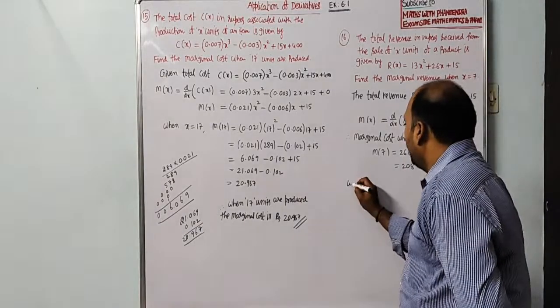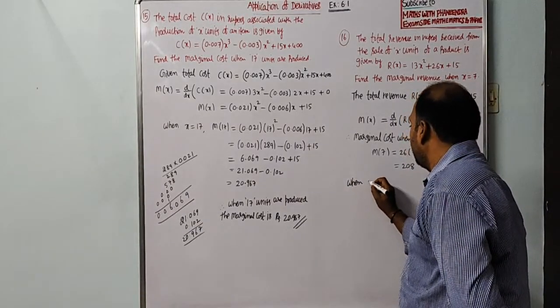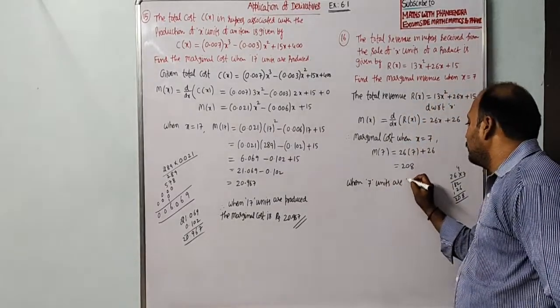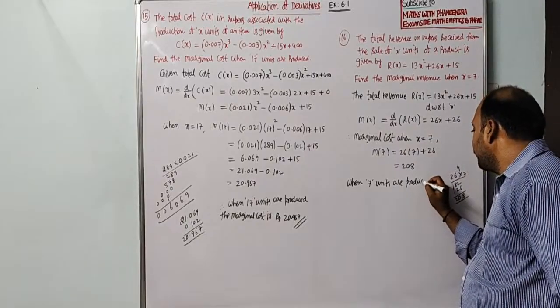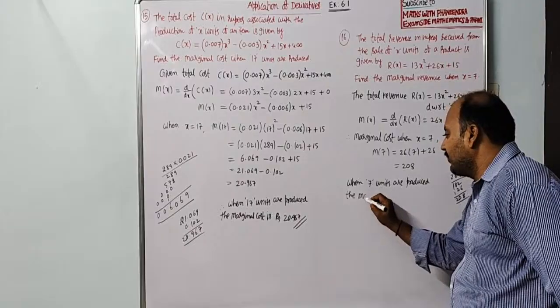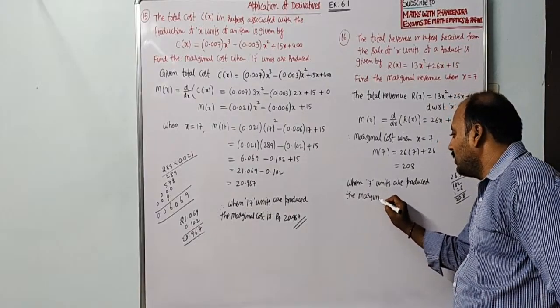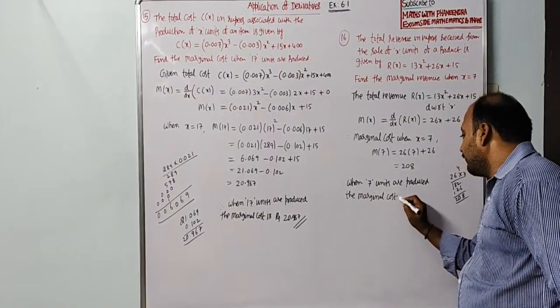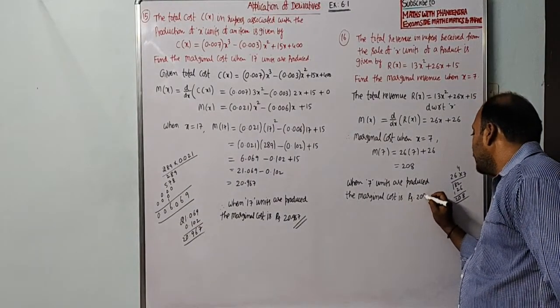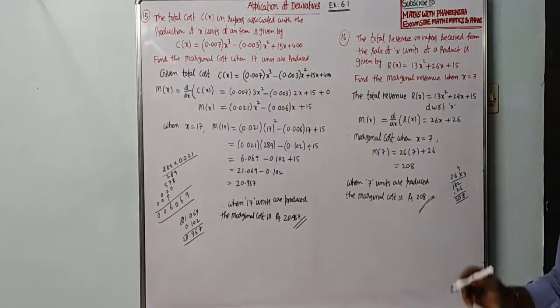Therefore, when 7 units are produced, the marginal cost is 208 rupees. Okay, dear students, I hope you understand. We'll move to the last 2 questions in the session.